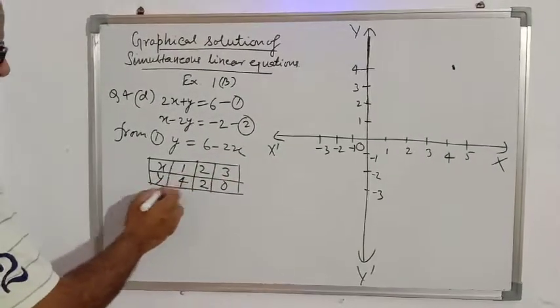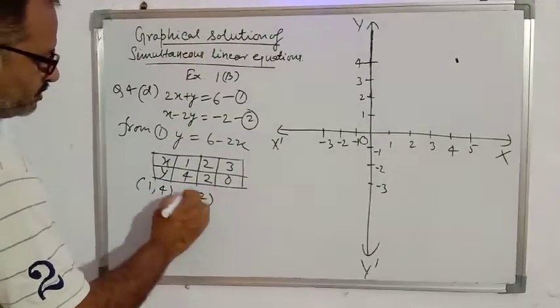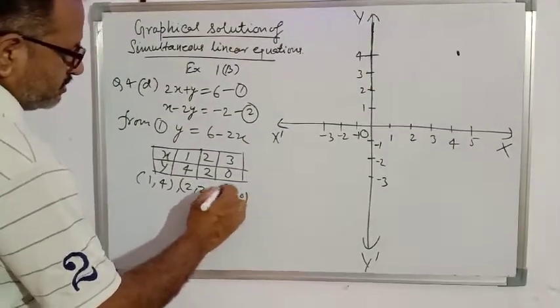In this way we get three points: 1, 4; 2, 2; and 3, 0.